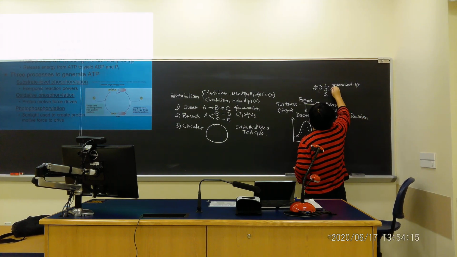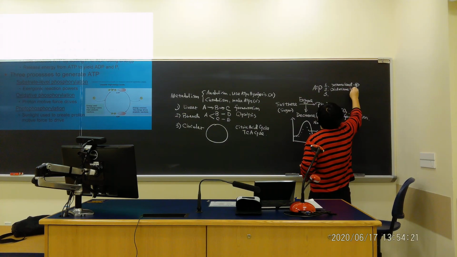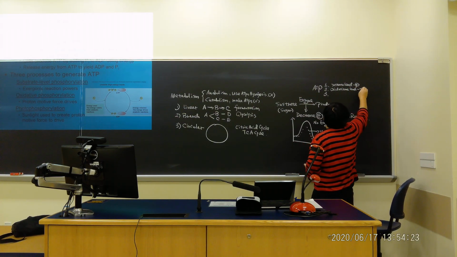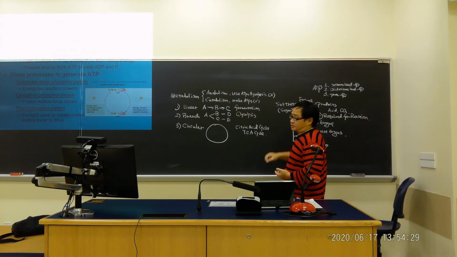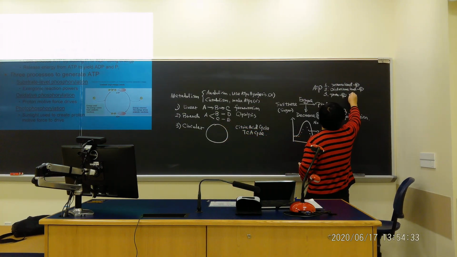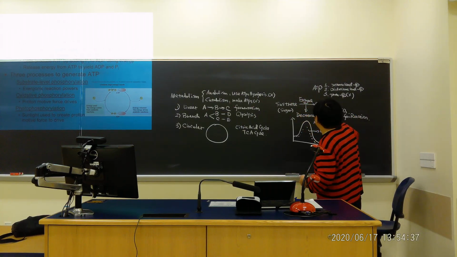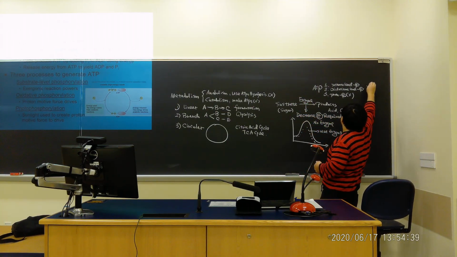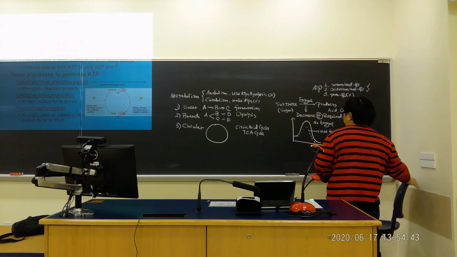Number two is oxidative phosphorylation. Number three is called photophosphorylation, or photosynthetic phosphorylation. We don't talk about that one here; it's usually covered in plant science. Here we mainly talk about substrate level phosphorylation and oxidative phosphorylation.